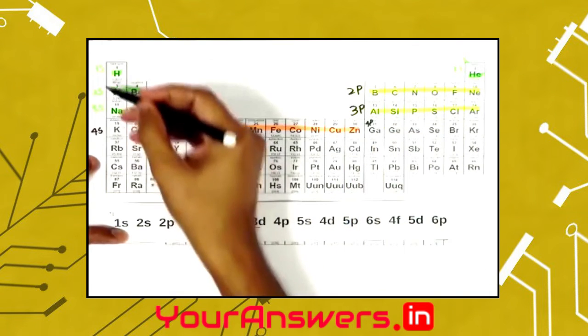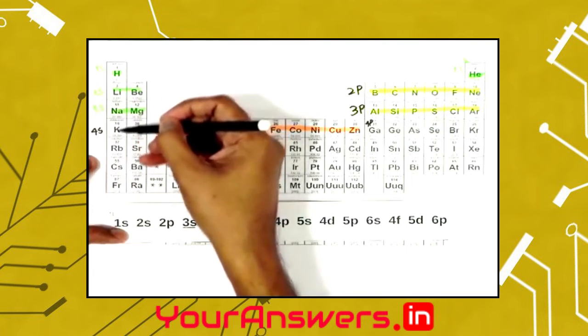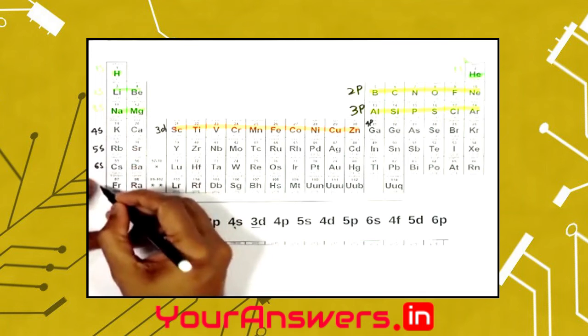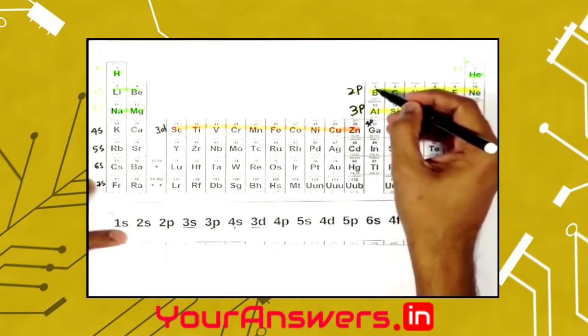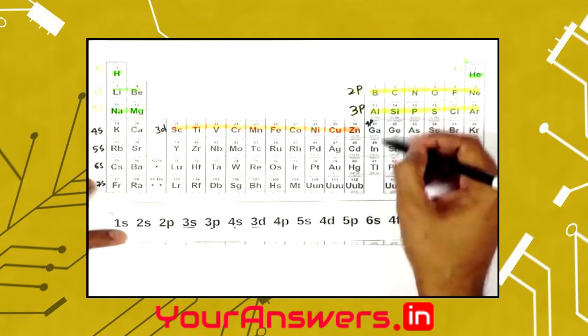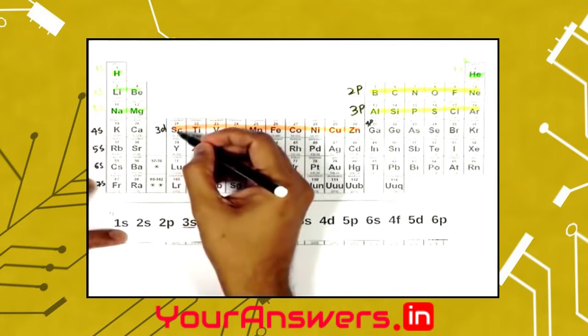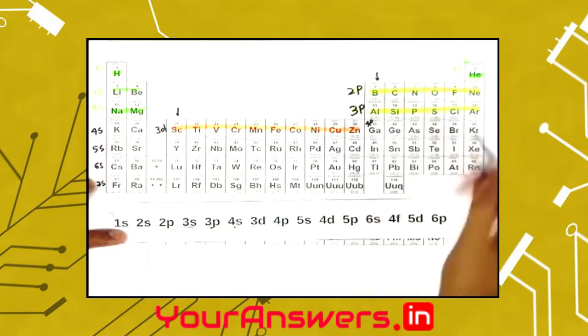So you can see that as I come to the next row of the periodic table, I am starting to fill higher and higher s orbitals, and the p orbitals are getting filled from boron, aluminum, gallium, indium, thallium, and the d orbitals will start getting filled along this direction from here.